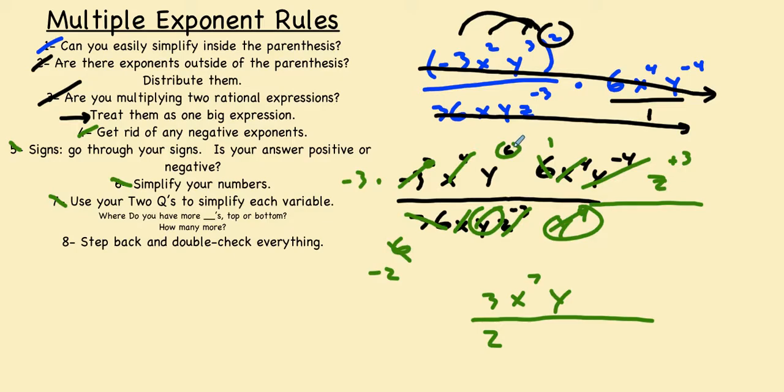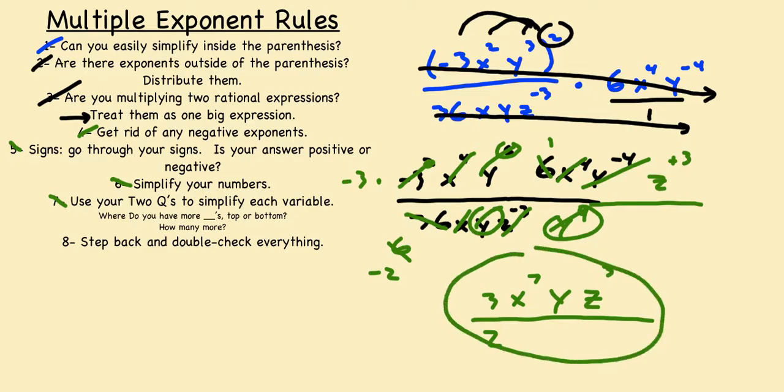And I'm going to cross that off. And now I just have a z to the 3rd. So there's my answer. Everything cancels out. Let me make sure I got that 2 there. So 3x to the 7th, y, z to the 3rd, all over 2. Step back, double check things, and that looks good. So that mess cleaned up okay.